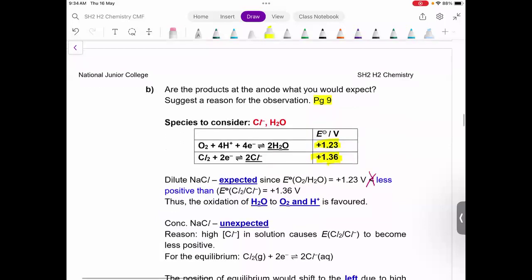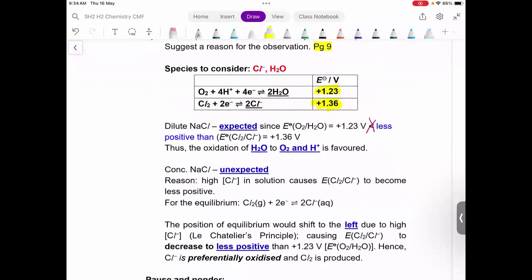In this case, the high concentration of your chloride will cause this value to no longer be under standard condition, because this one is more than 1 mole per dm cube. So this one will become less positive, because it's the reverse direction.